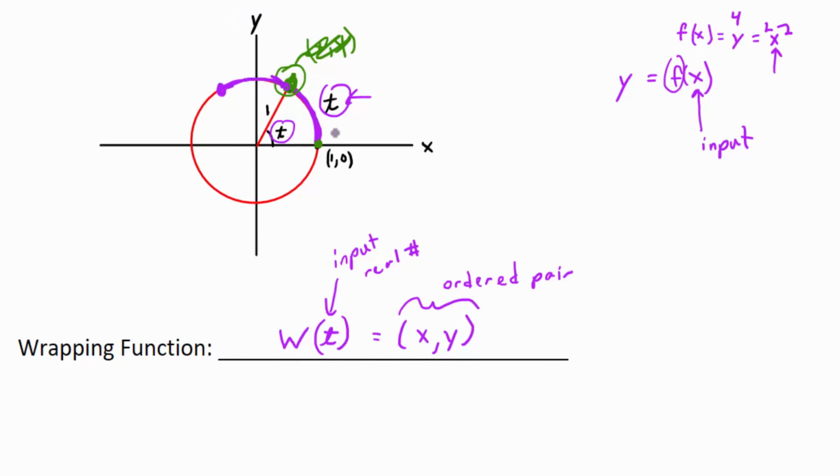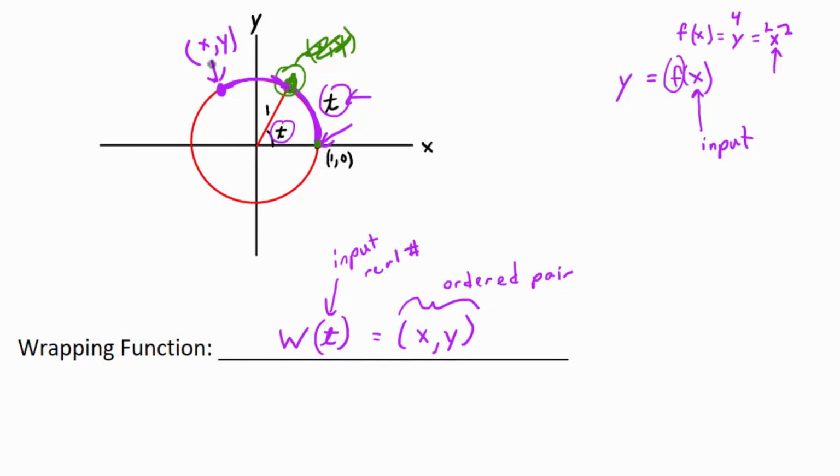So the arc then goes from (1, 0) to whatever this point is. It's the same thing. If that's x, y, we don't know what it is at this point, then the output is that point. So it just happens to be a longer or larger input. Does everybody understand what the input and output is of the wrapping function?